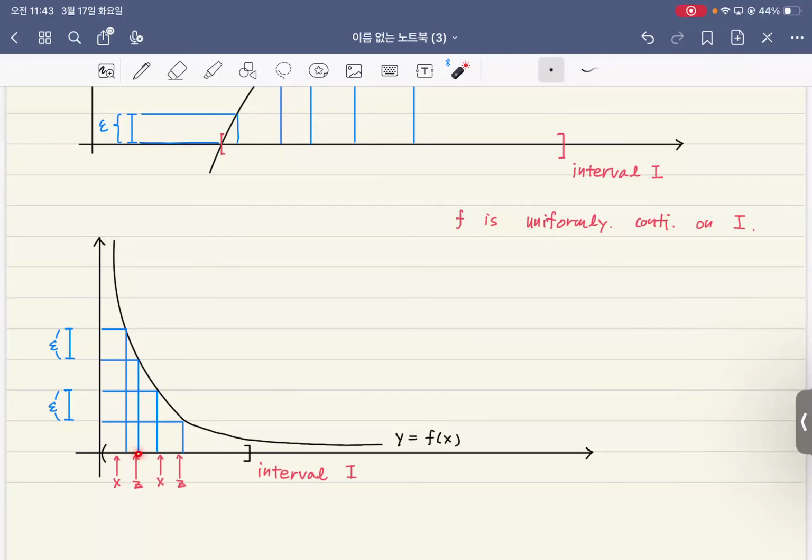Because here, this length is even smaller than this one, right?